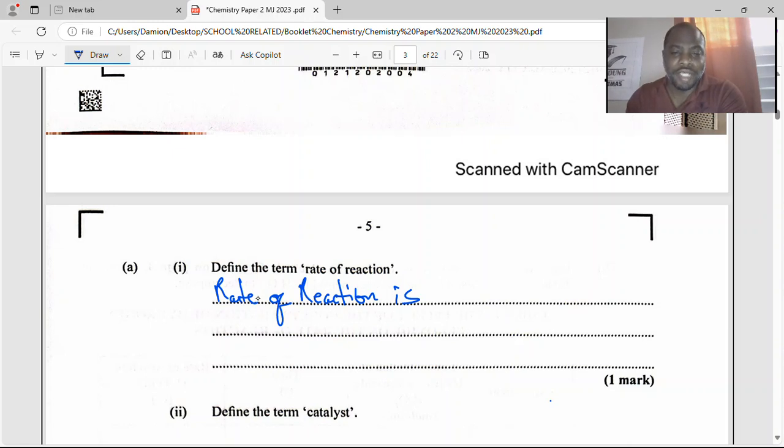What is rate of reaction? Time it takes for the reactants to react fully.